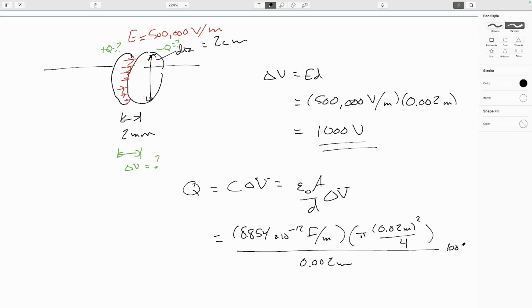And we worked out that was a 1,000 volt difference. Punch that through your calculator and you'll get 1.39 times 10 to the negative 12 coulombs. So about 1.39 picocoulombs, which is a reasonable value. You tend not to store ridiculous amounts of charge unless the devices are very large.